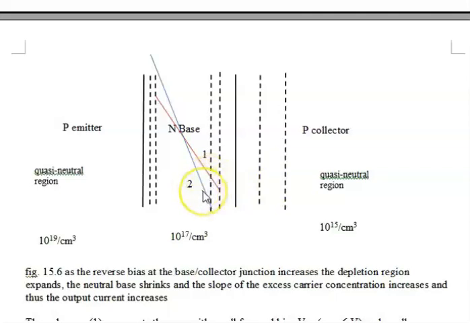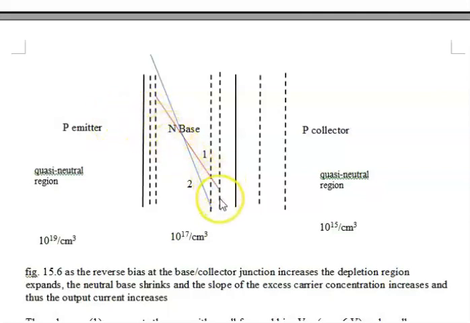So curve 2 represents large forward bias at the emitter base and large reverse bias at the base collector. And notice what happens to the line. The line now has a much steeper slope. The current has increased much more than we would have expected due only to the increased forward bias at the emitter base junction.